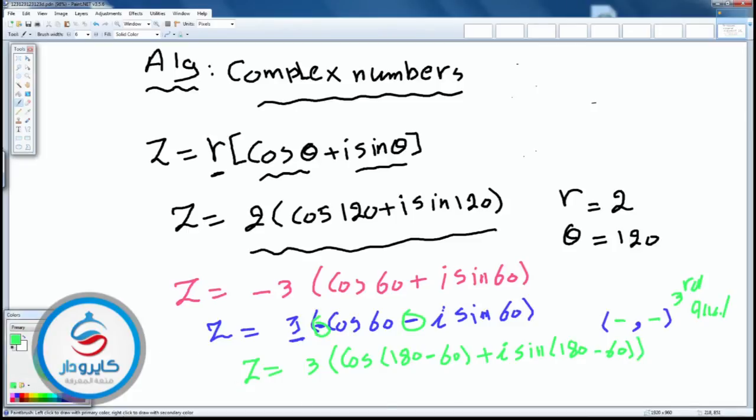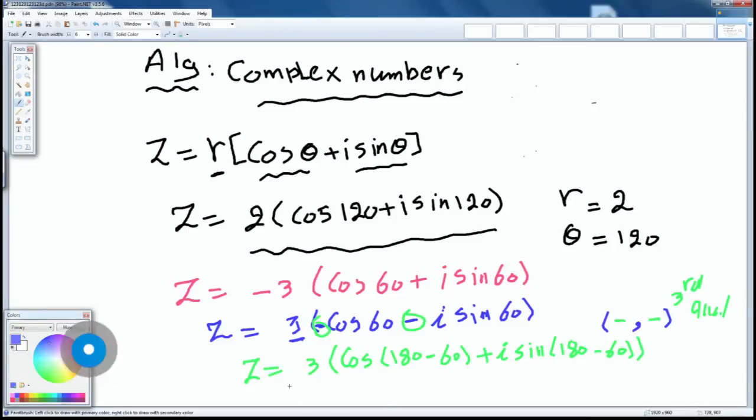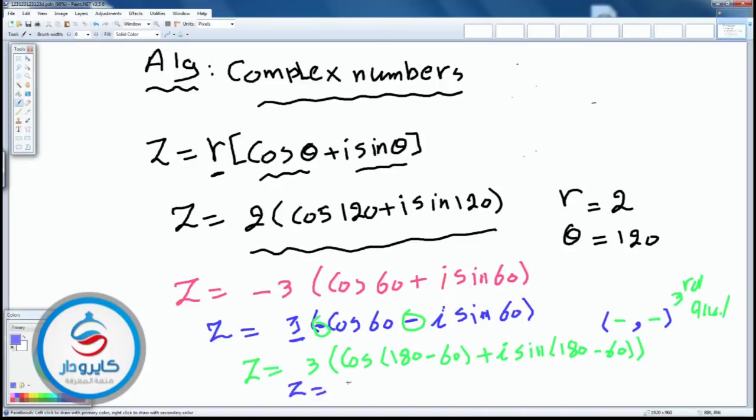Finally, we can write the number z equals 3 cosine 120 plus i sine 120. So R now equals 3 and theta equals 120.